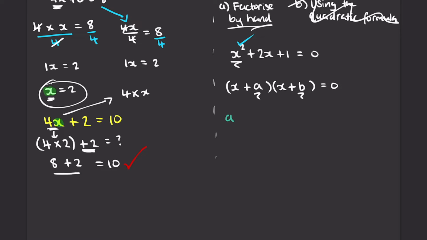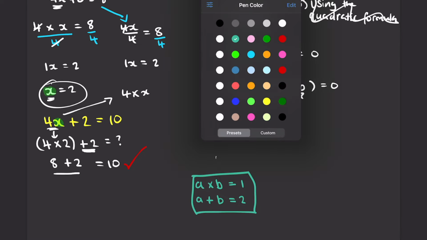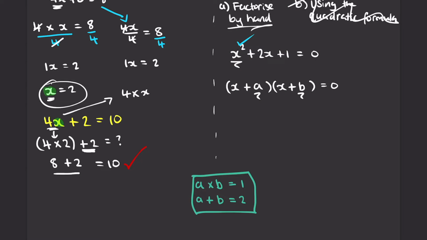A multiplied by b gives you 1, and a given value again, plus b, another given value, equals 2. Now what's handy about this rule is, if you can visually see it happening: if we do a multiplied by b, we've got the x squared already, so I'll just put the x squared down here.